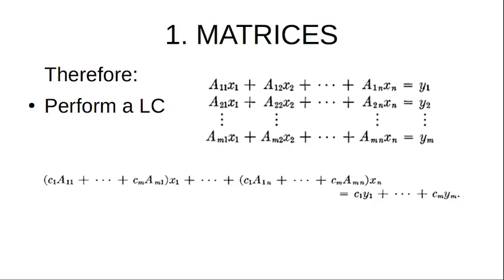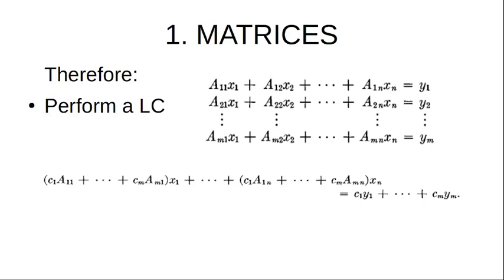If we take all these equations and say the first row, which is a11 x1 + a12 x2, we multiply it by c1, and go on to every row, multiplying by c1, c2, c3. So row 1 multiplied by c1, row 2 multiplied by c2, and so on to row m multiplied by cm.